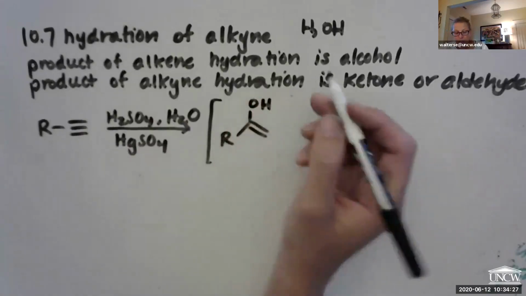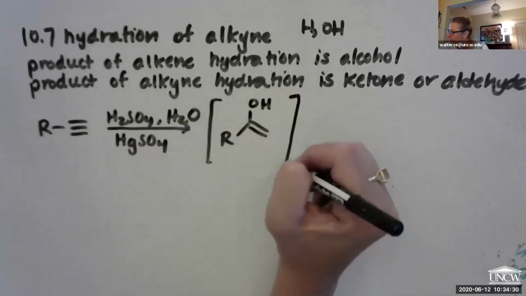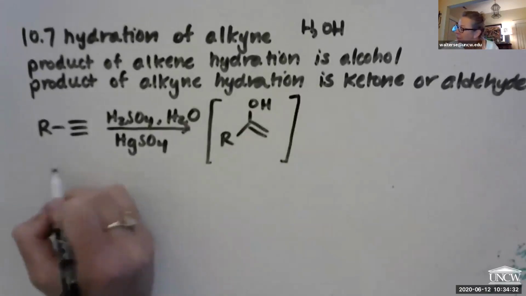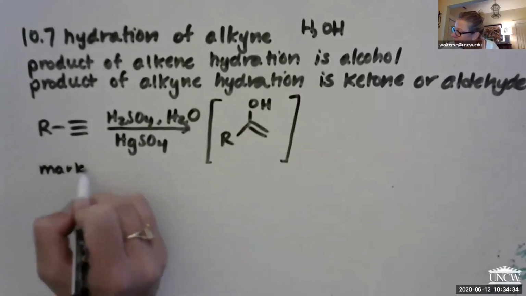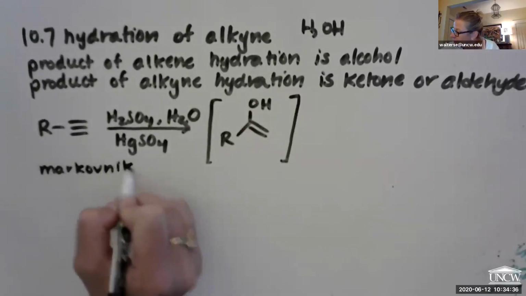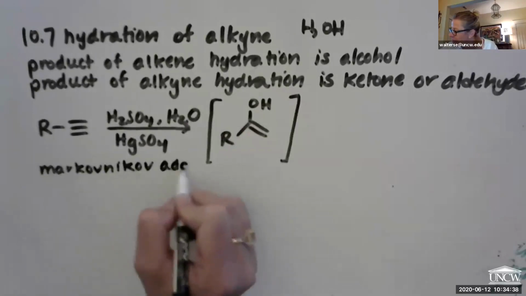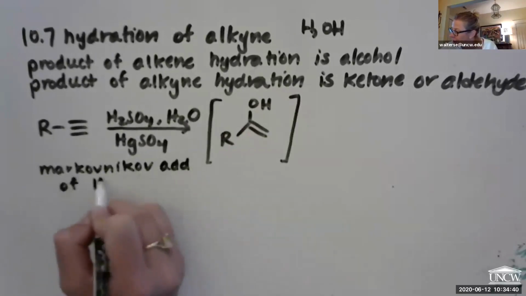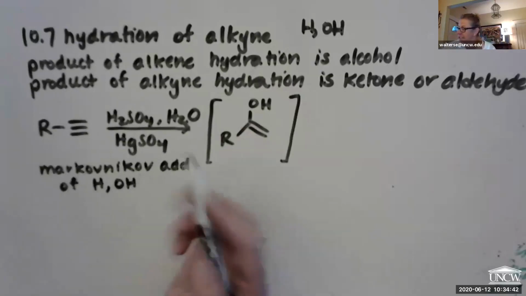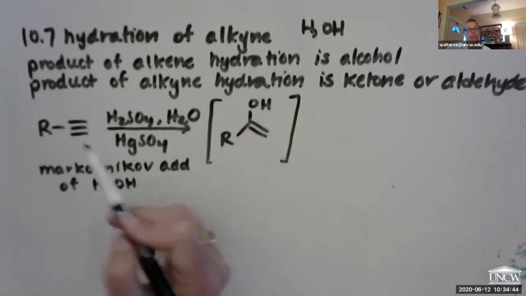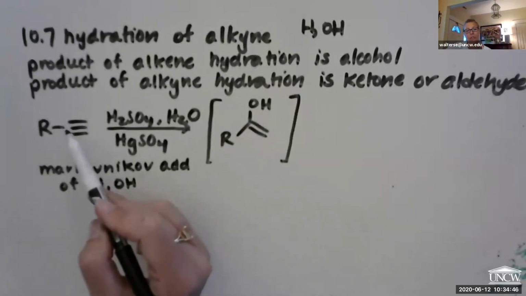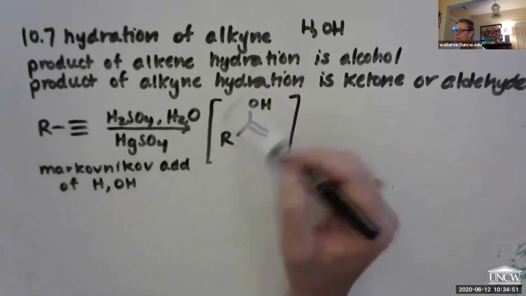Okay. So initially, what you make is this structure. Okay, so because this is a Markovnikov addition of hydrogen and hydroxide, the hydroxide is going to go to the more highly substituted, or the Markovnikov carbon inside the alkyne, which is going to make this structure.